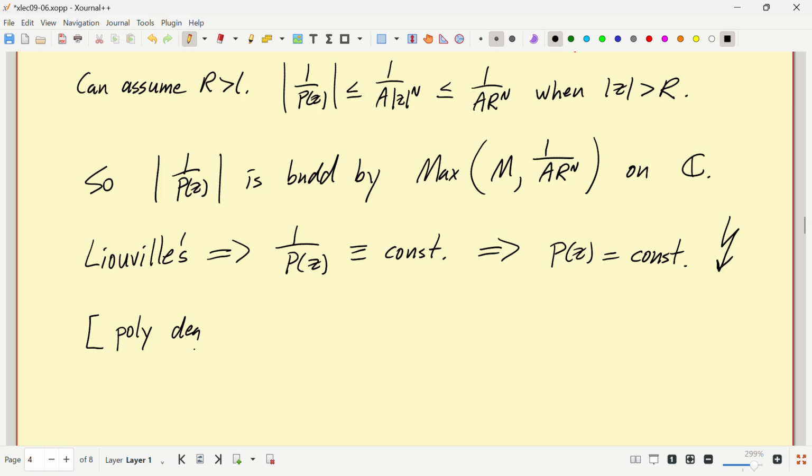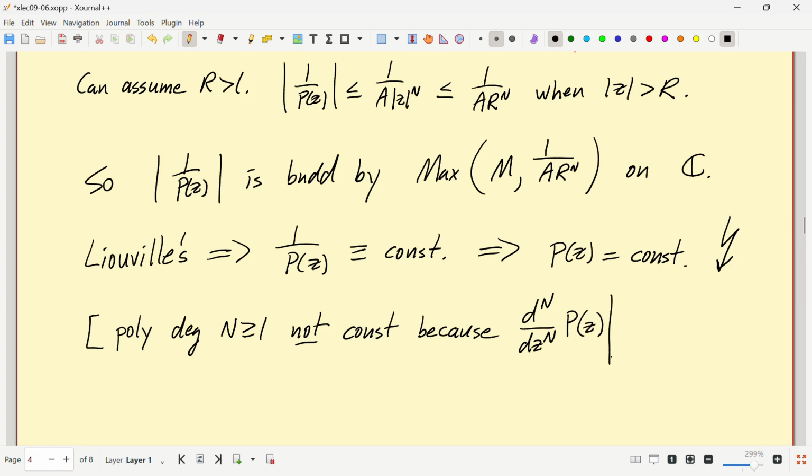A polynomial of degree n bigger than 1 is not constant because its nth derivative is not 0. Its nth derivative, d by dz n of p of z at z equals 0, is n factorial a_n, and that's not 0. So of course it can't be constant.